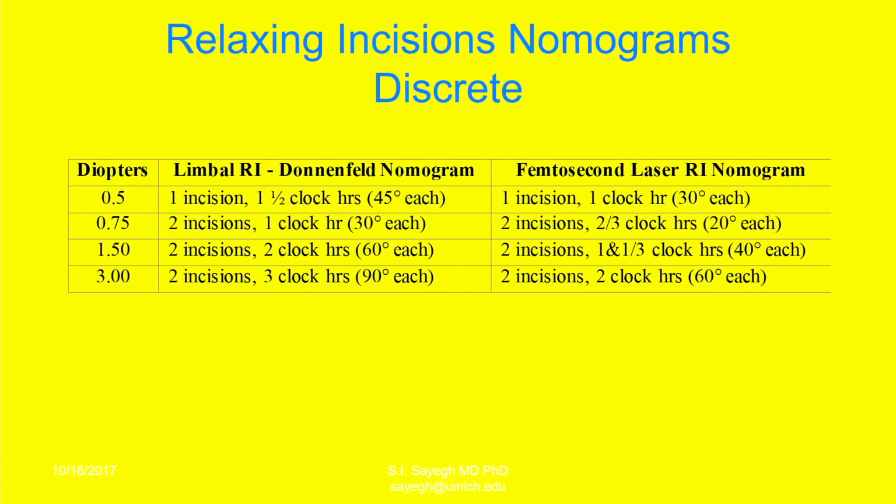Well, there's another technique, which is called relaxing incisions. Okay, you put relaxing little incisions in the cornea or outside the cornea, depending on what tool you're using, if it's a laser or a diamond knife or whatever. And you can get also correction. But the corrections are also discrete. So 1/2, 3/4, 1.5, 3.